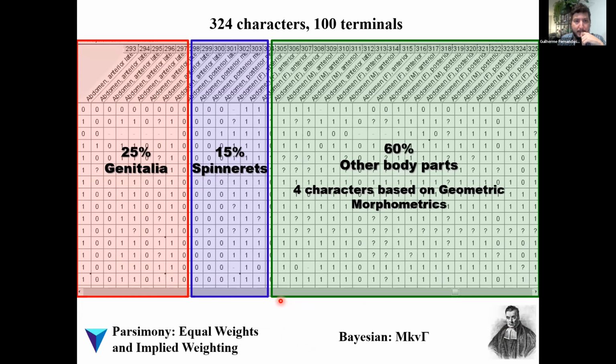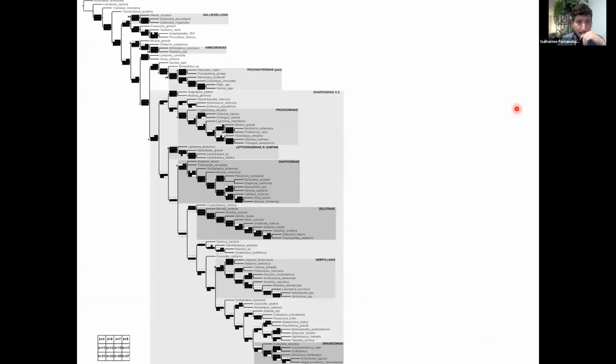We have 324 characters, this is the distribution of the characters, and we analyzed them in several ways, with Bayesian and implied weighting analyses, and this is the tree of the results that we got.